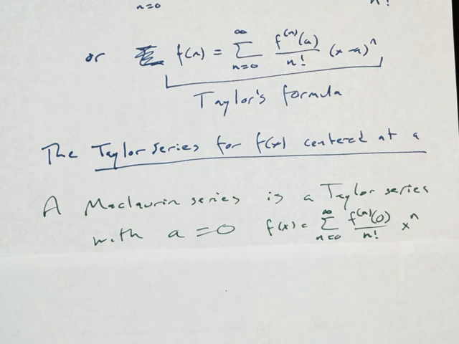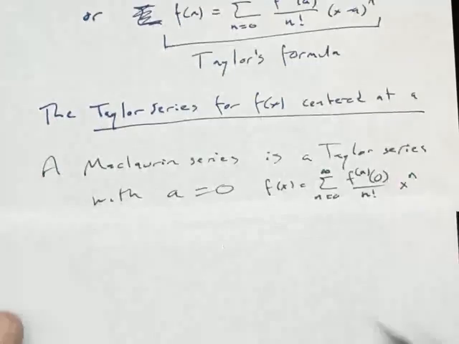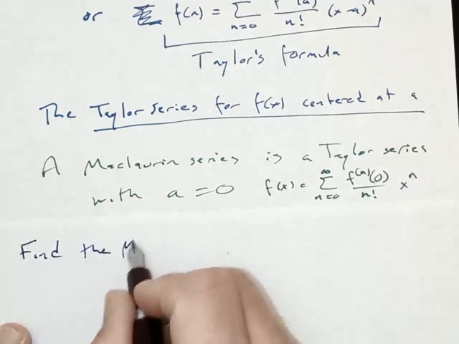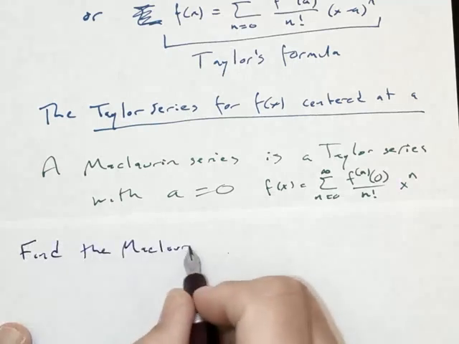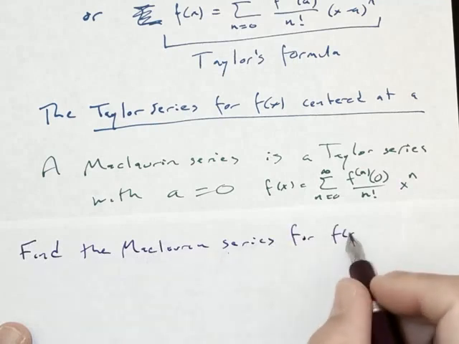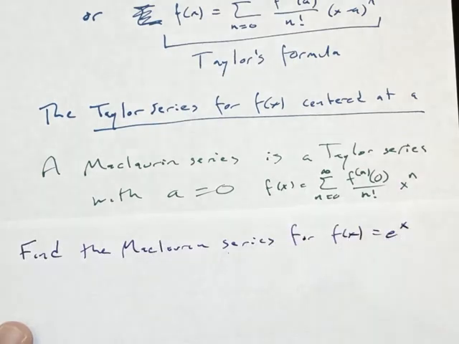Okay, I'm going to give you my favorite power series in the entire universe. I'm actually going to do a Maclaurin series, and I want to do it for e to the x.